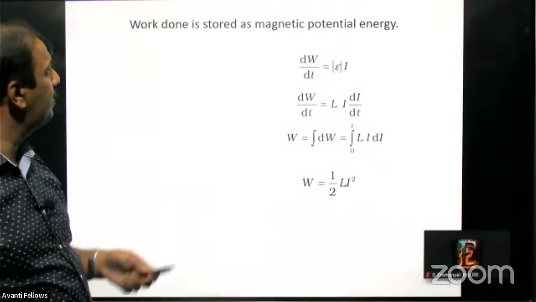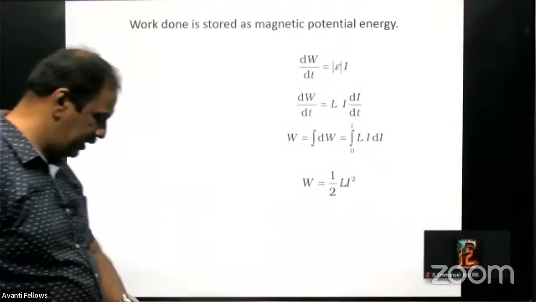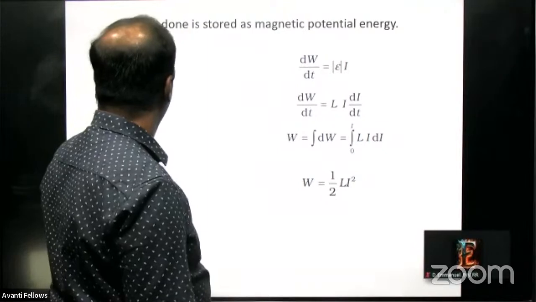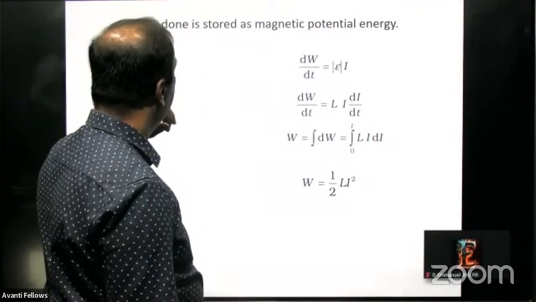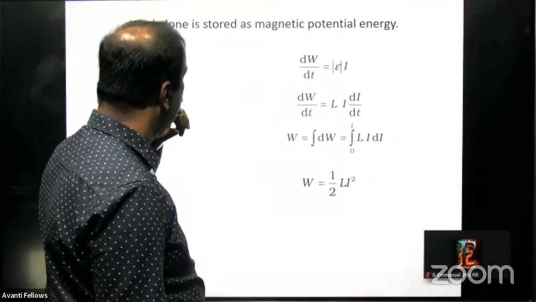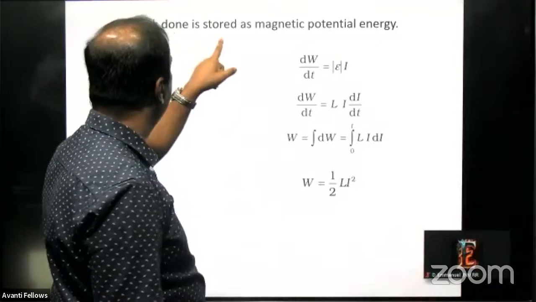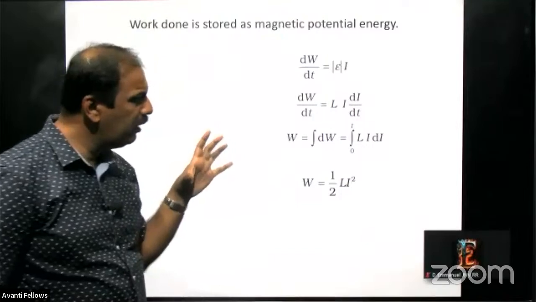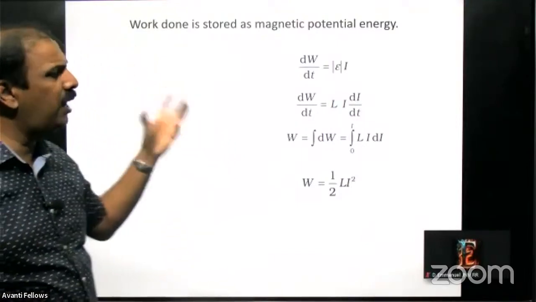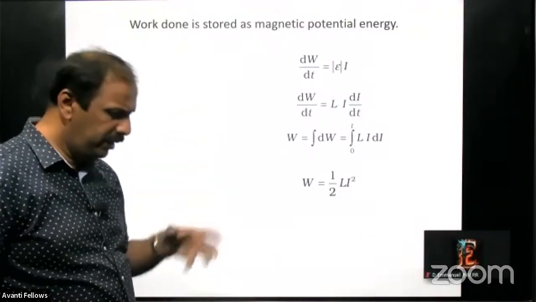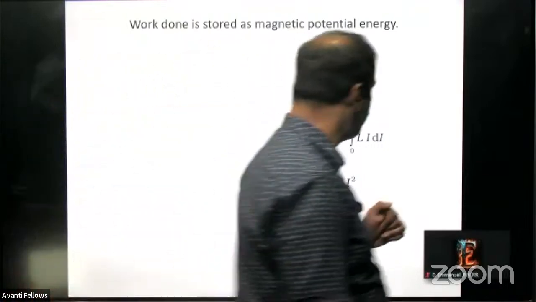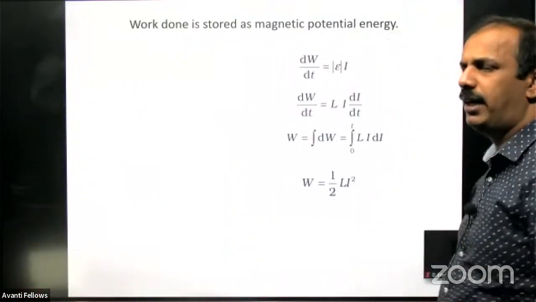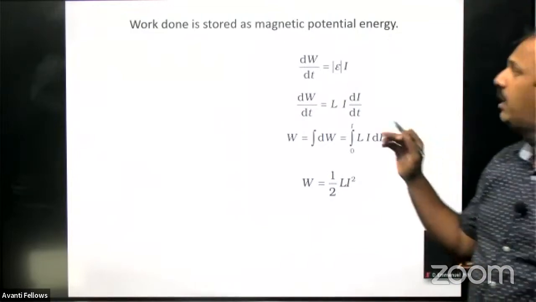So here we are discussing the energy stored. So work done is stored as magnetic potential energy. That is, we are charging this inductor. So in the inductor, the energy is stored as magnetic potential energy. I think you got the difference.